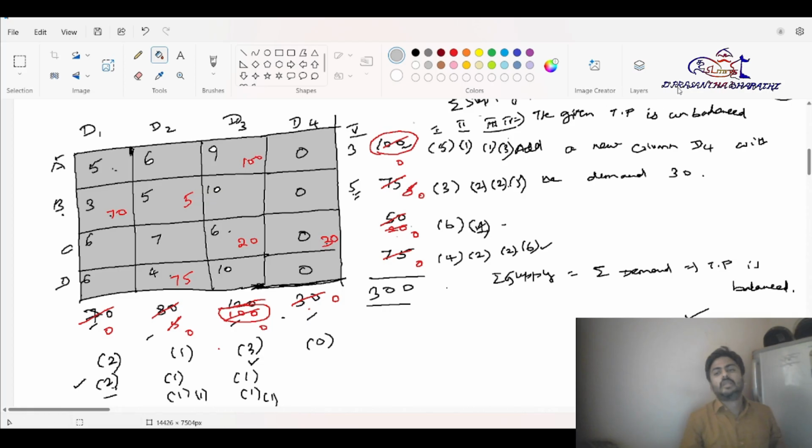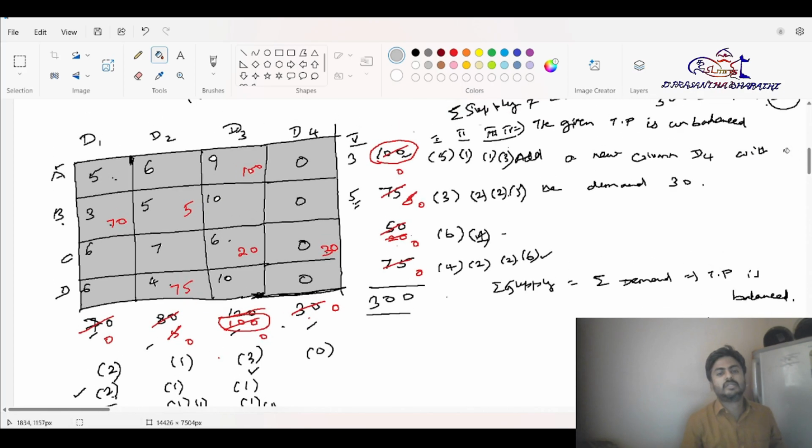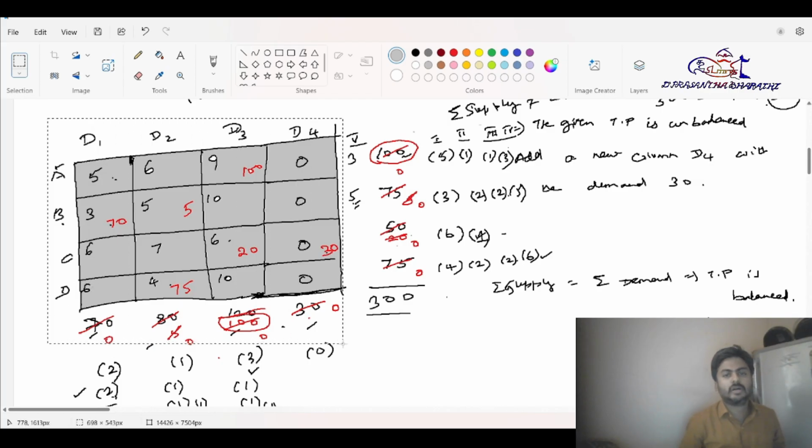Now you are going to select this assignment separately. Now we are going to take this assignment separately for our optimality check. Okay, now to check the optimality, we are going to take this.